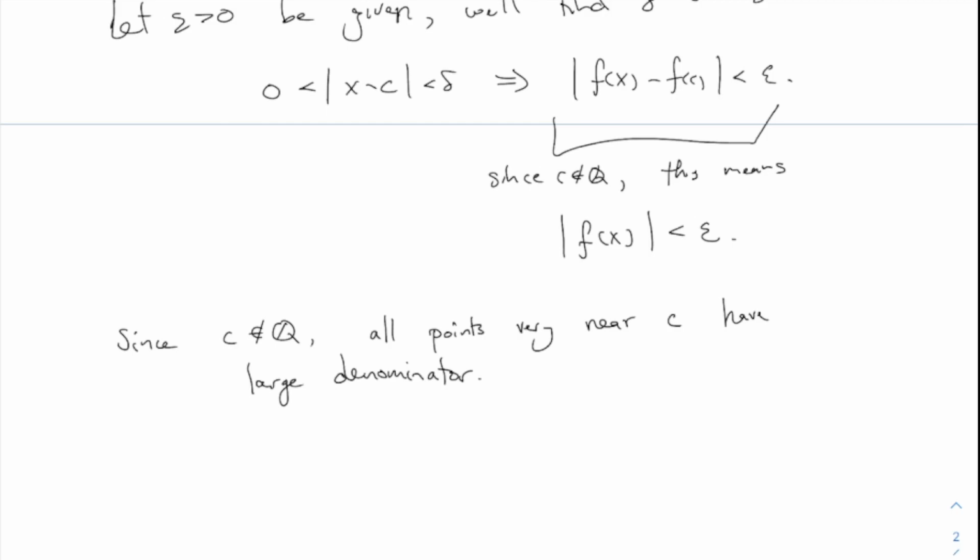All points, I should say, I mean rationals. Sorry, I keep changing my mind here. All rationals very near c have large denominators.